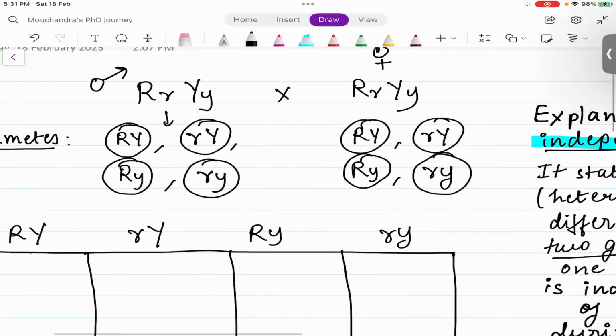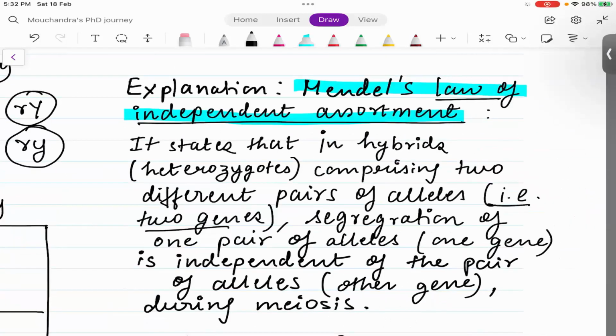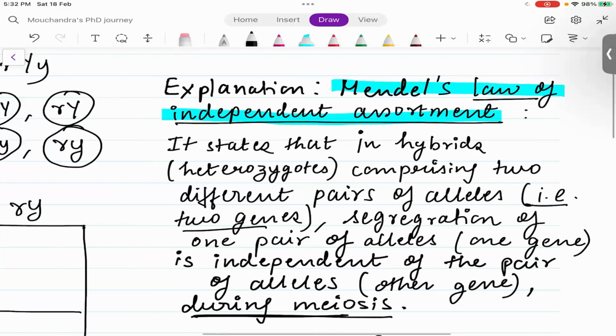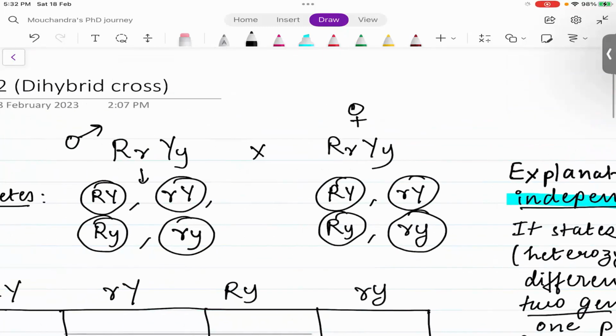In these types of plants, segregation of one pair of alleles is completely independent of the other pair of alleles, or the other gene. And the segregation happens during meiosis. So how capital R and small r segregate is completely independent of how capital Y and small y will segregate.